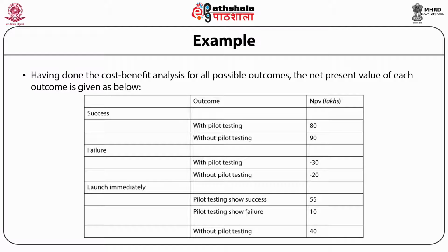Now our purpose is to take a decision whether to launch the product directly, or launch it after a heavy sales promotion of 6 months, or first go for the pilot testing and then take a decision pertaining to the advertisement or sales promotion, or launch it directly in the market.